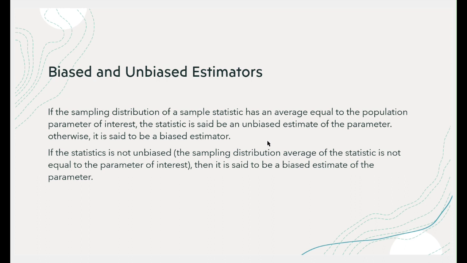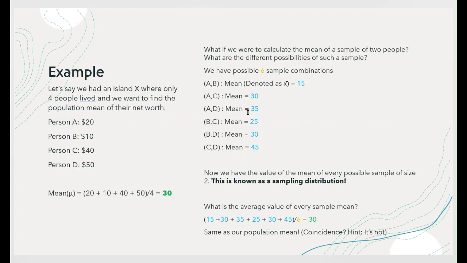Right. So what it's trying to tell us is that, like in the previous slides, when the sampling distribution has a mean equal to the population mean, that is a case of an unbiased statistic, meaning that there was no bias involved when selecting the samples. When this is not the case, there might be a bias involved with the samples we're selecting.